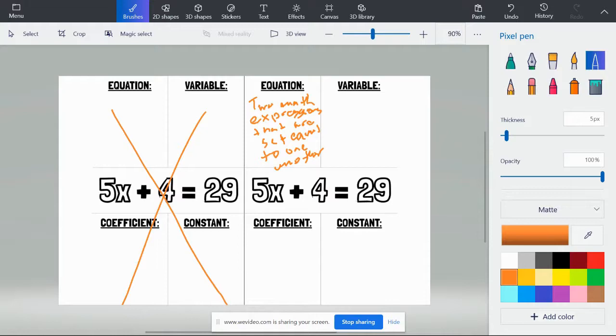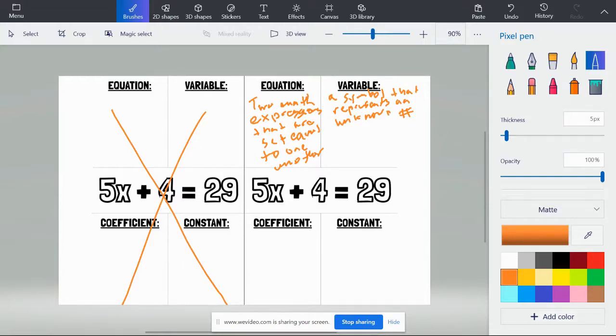A variable. A variable is going to be a symbol that represents an unknown number. I'm just going to use the little number sign there. Okay, so a symbol that represents an unknown number.